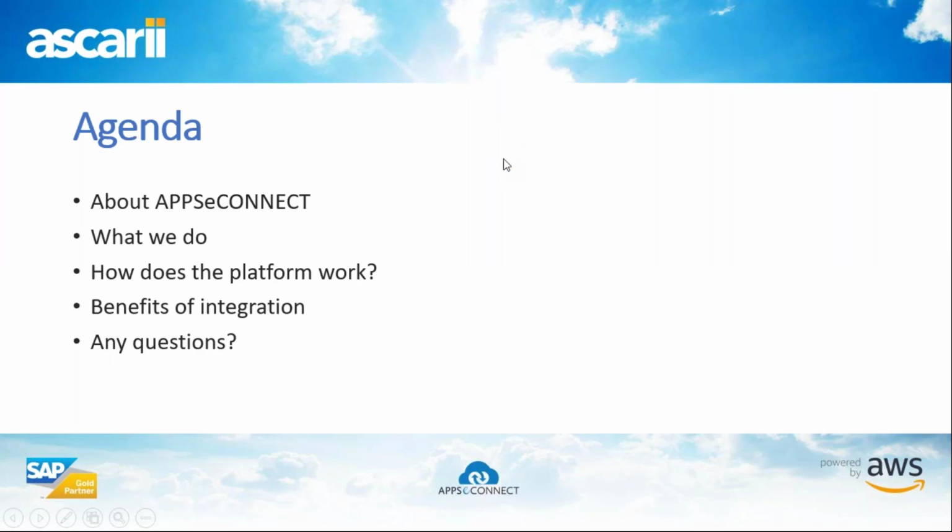So this will be our agenda for today. We will have a short brief on AppseCONNECT integration for SAP Business One, what we are offering and how the integration works, connecting the enterprise applications of an organization, because of some business benefits. So we will discuss these business benefits.